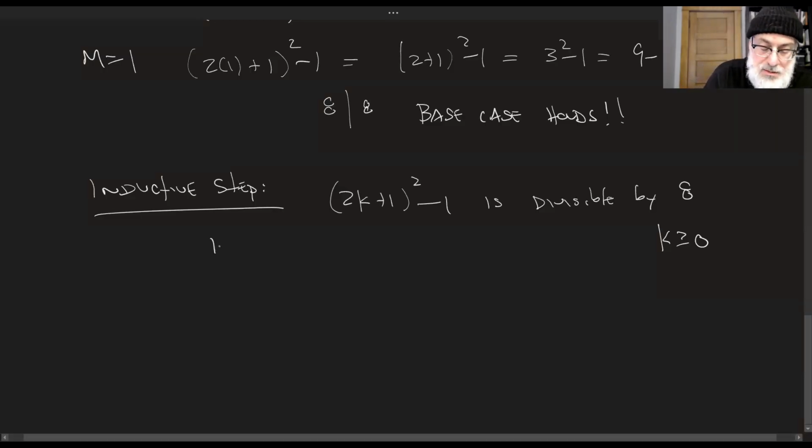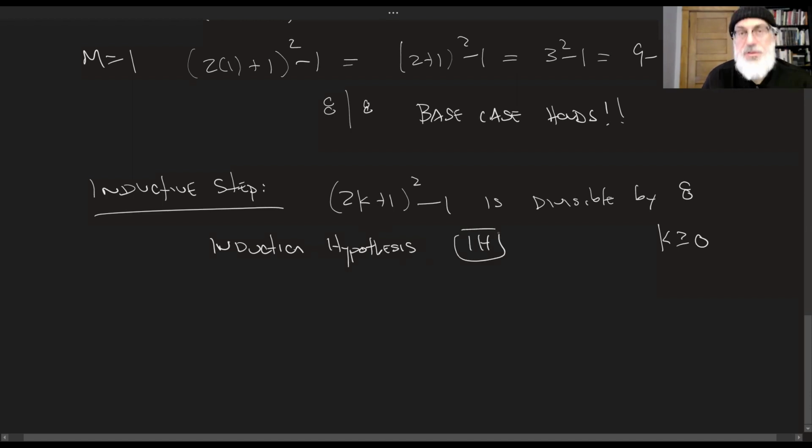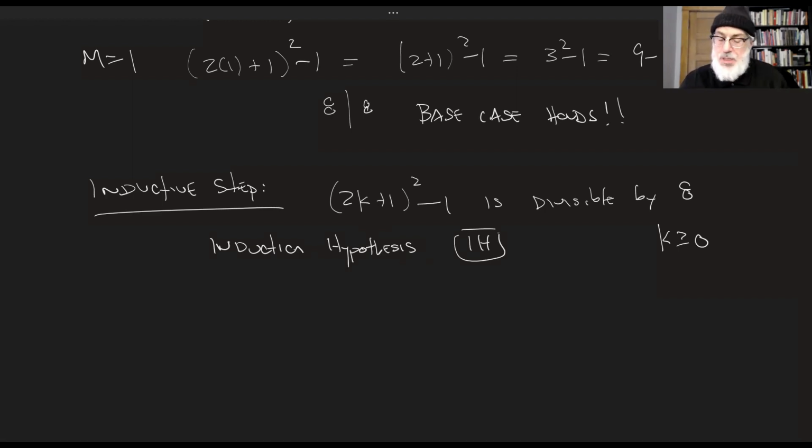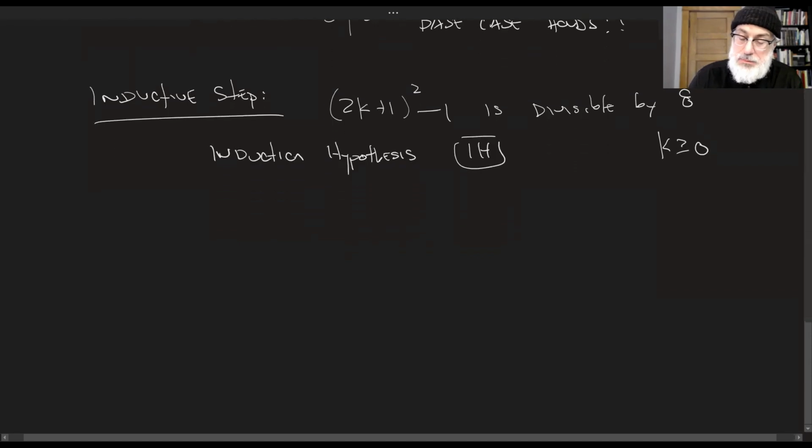So let's write that, induction hypothesis. If you've seen any of my other induction proof videos, you know I like to write IH so I remember that I use it. Again, this is all suggestions.